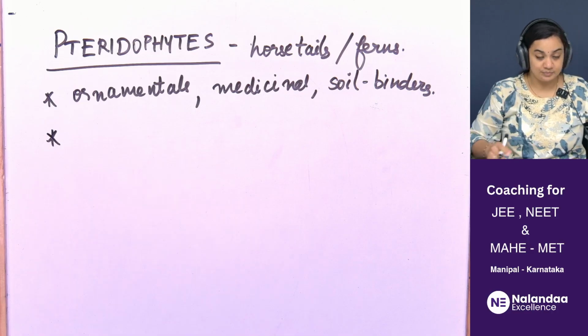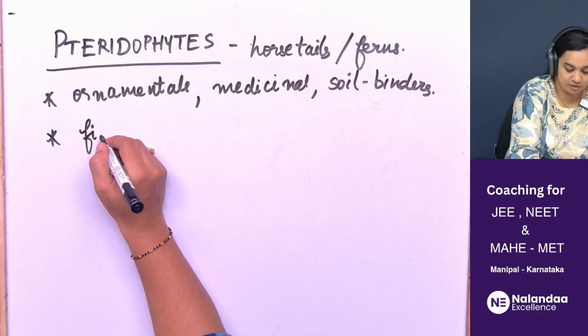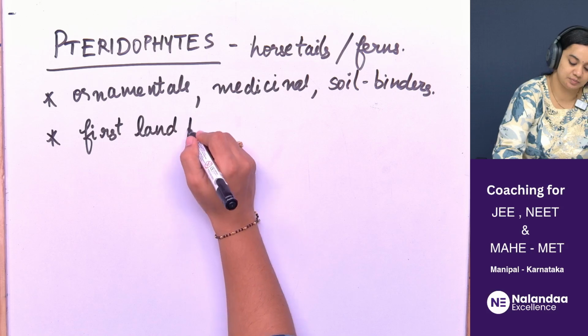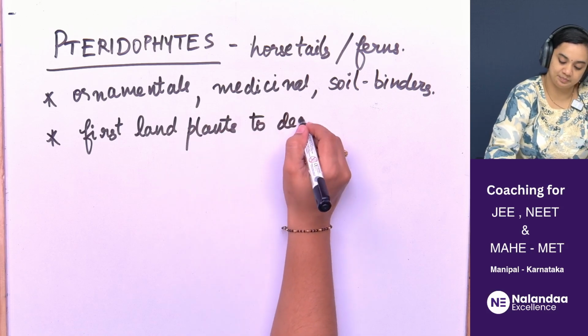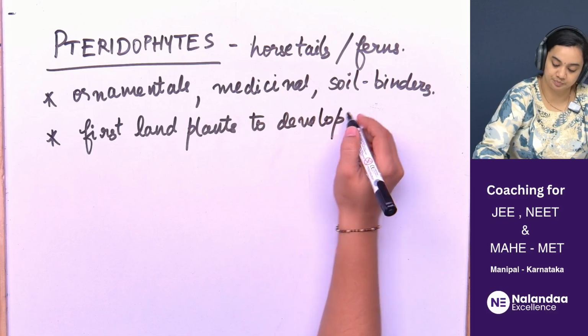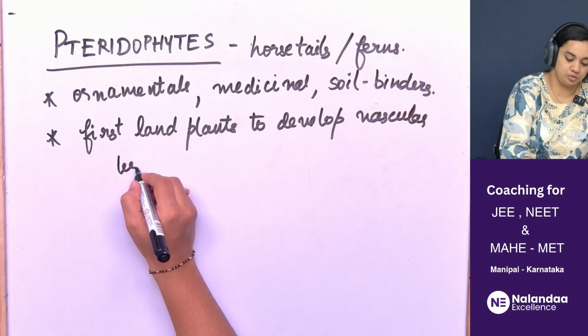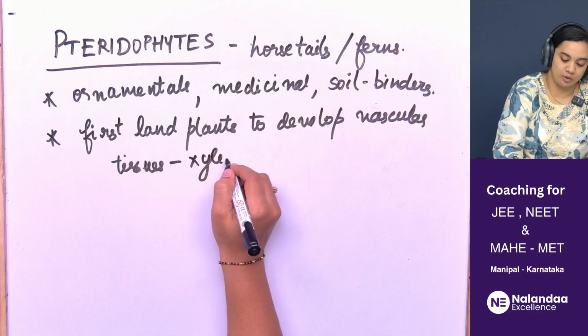And evolutionarily speaking, pteridophytes were the first land plants to develop vasculature, which is vascular tissues like xylem and phloem.